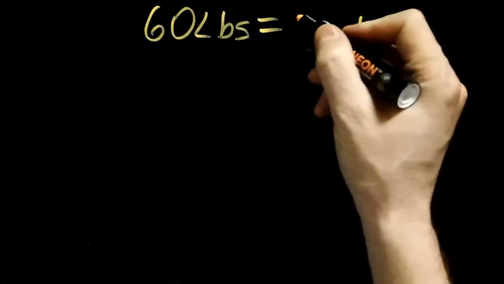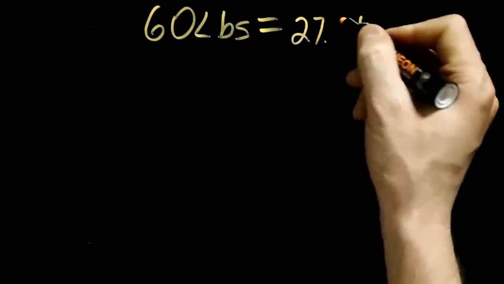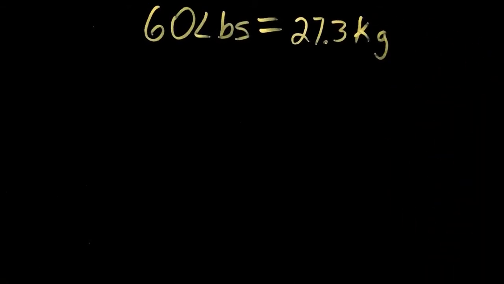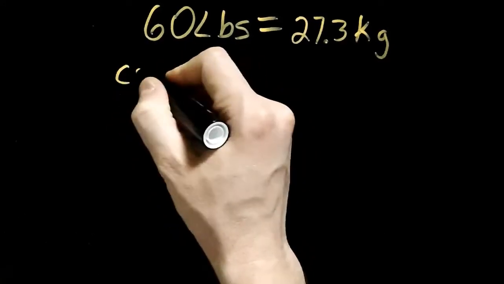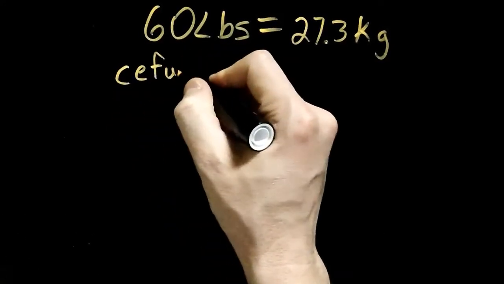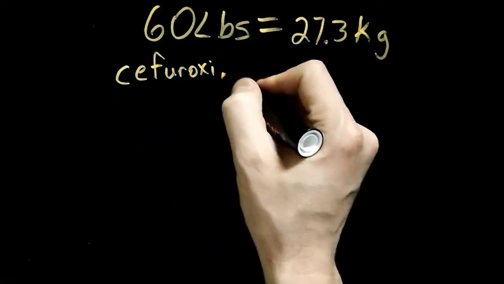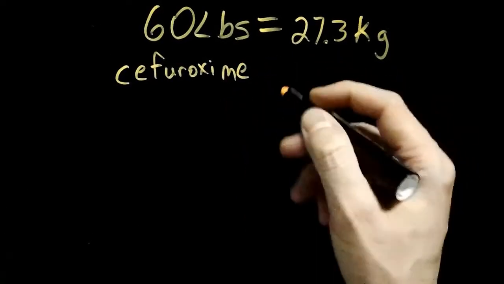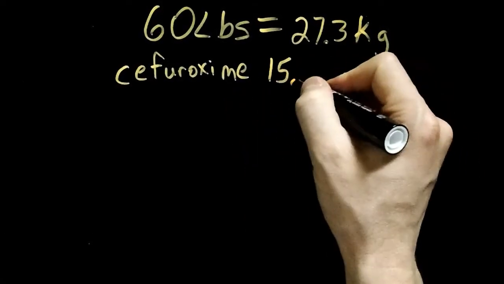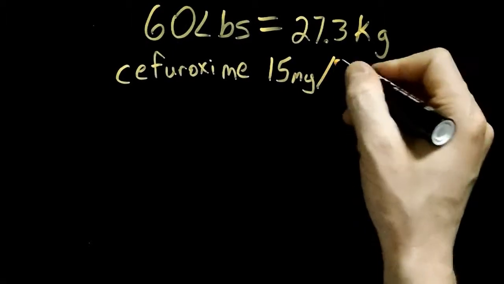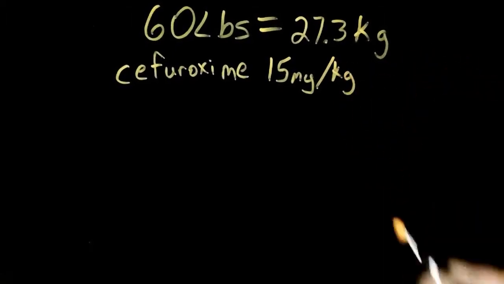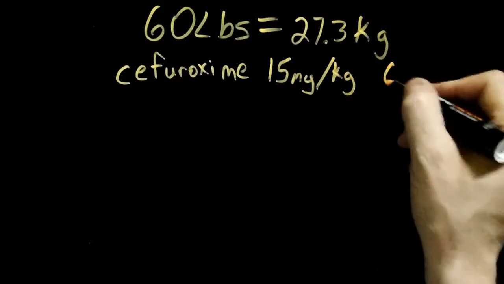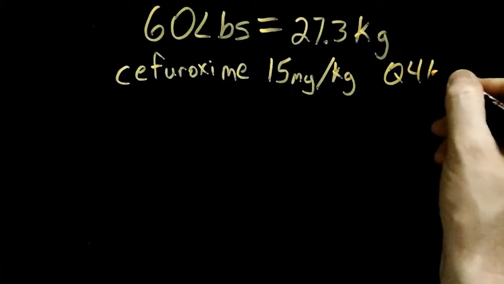27.3. So I'll put here 27.3 kilograms. Now the question reads that we have cefuroxime, and it was 15 milligrams per kilogram, or 15 mgs per kg, and it's going to be Q4 hours.